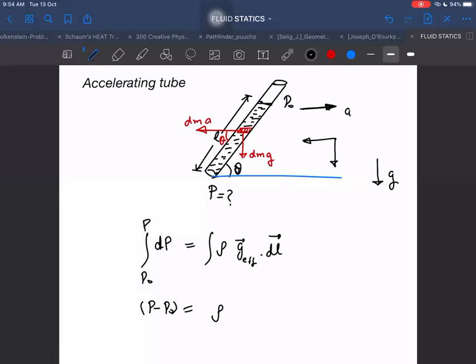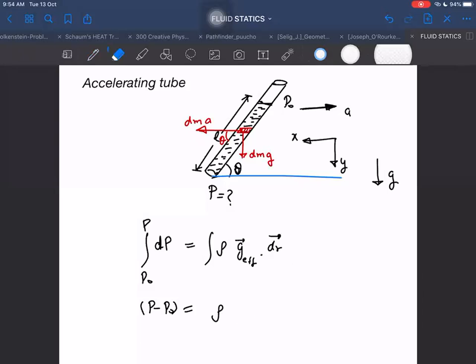Rho into... Let us say A is along the x-axis. Let us say this is the y-axis, downwards is the y-axis. So what is G effective?